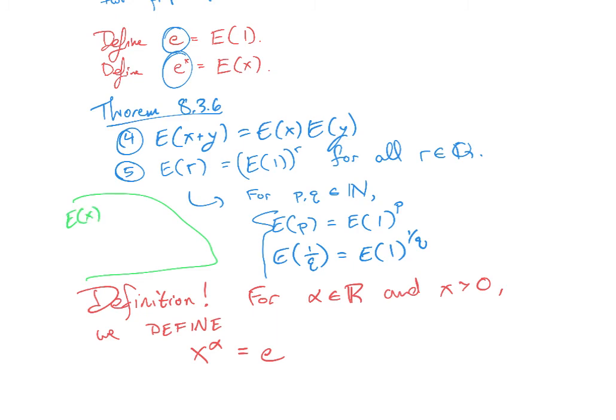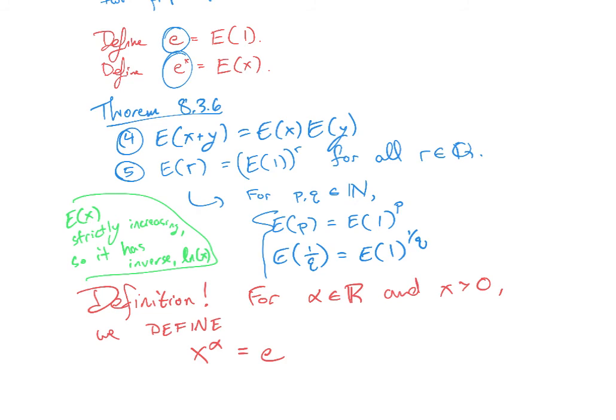This function e to the x, you can show it's strictly increasing, so it has an inverse. We're going to call that inverse natural log. I guess I'll copy the book. I'm shocked the book uses ln instead of log, but anyway, we'll use ln.